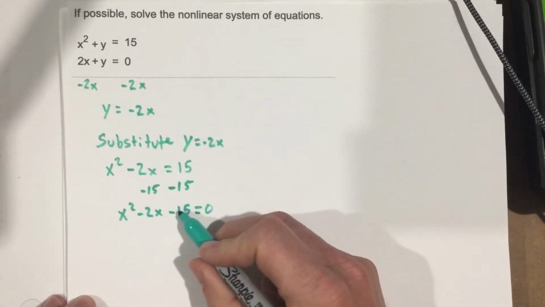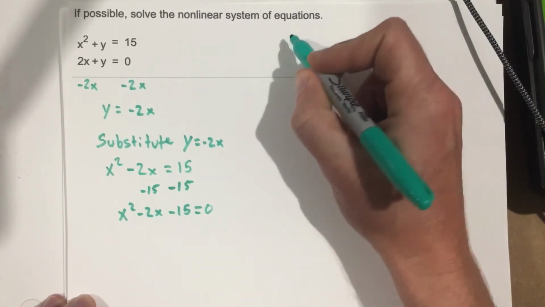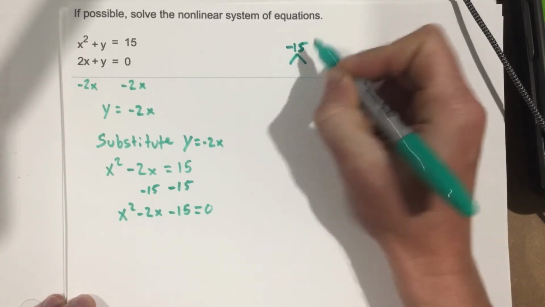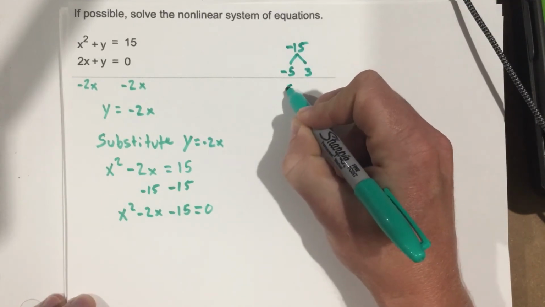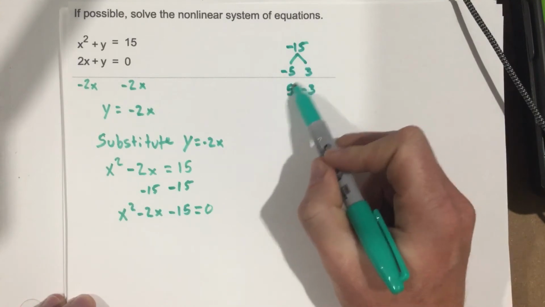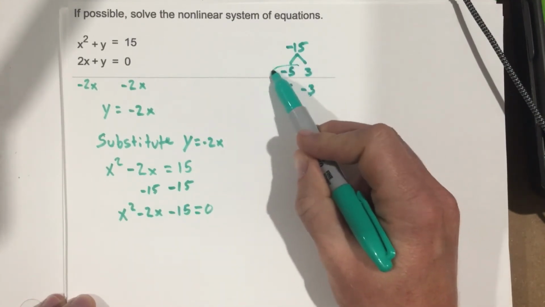I know the factors of negative 15 are negative 5 and 3, or 5 and negative 3. Which of these two add up to negative 2? Well, negative 5 and 3 add up to negative 2.